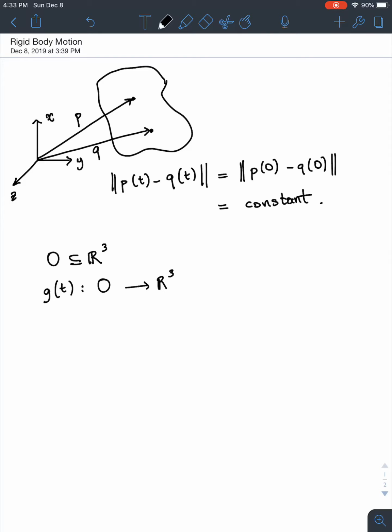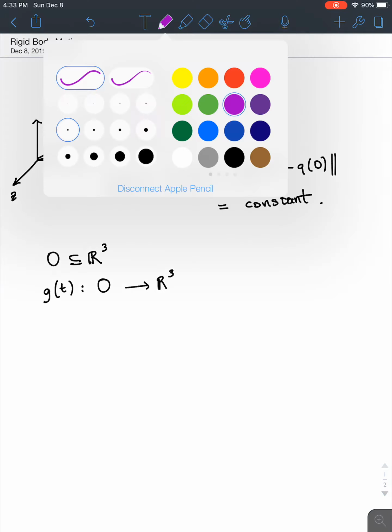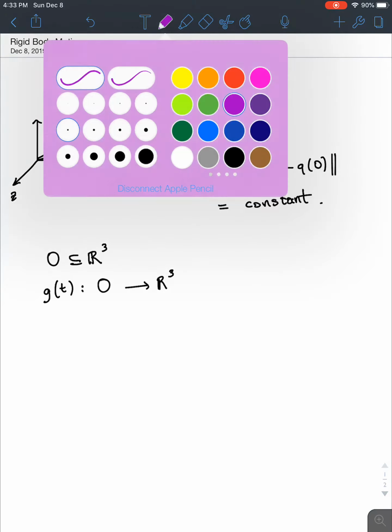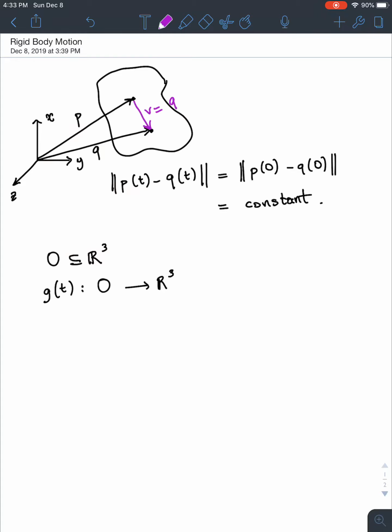Now, given 2 points, like P and Q here on this figure, we can make a vector out of these 2 points. That vector would be, for example, Q minus P, the vector that I have drawn in purple here. So V equals Q minus P. This is a vector, and every rigid body transformation, like the one we just talked about, that maps O into R3, induces an action on vectors in a natural way.